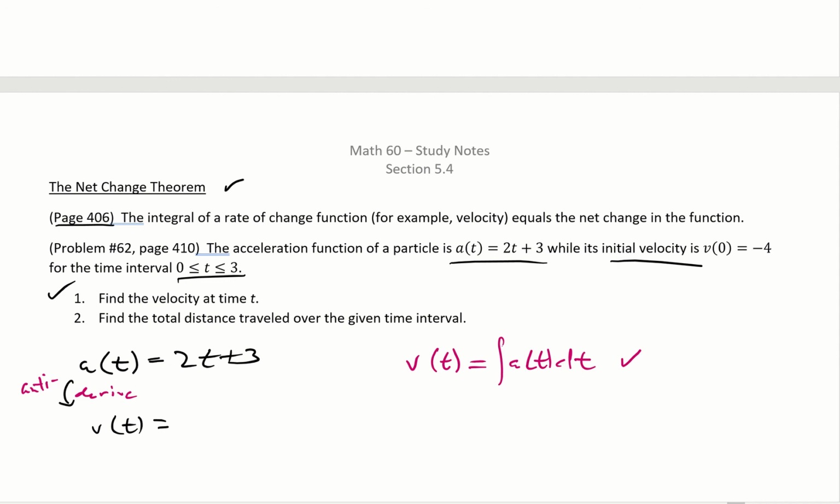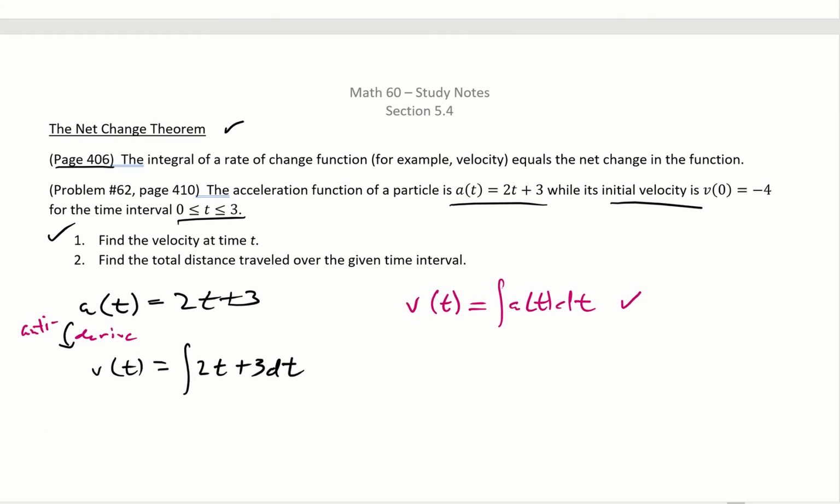Remember, derive velocity to get to acceleration, anti-derive acceleration to get to velocity. Now we're saying it differently: the velocity function is the indefinite integral of the acceleration function.